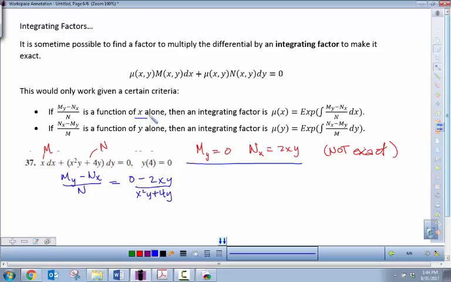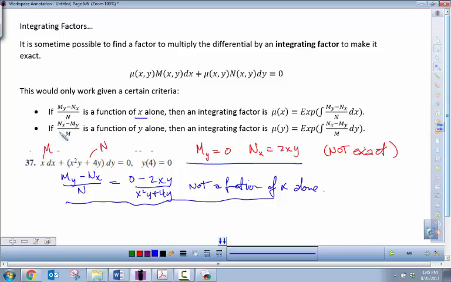So is that a function of x alone? I don't think I can simplify to make it into a function of x. So I'll try the other one.